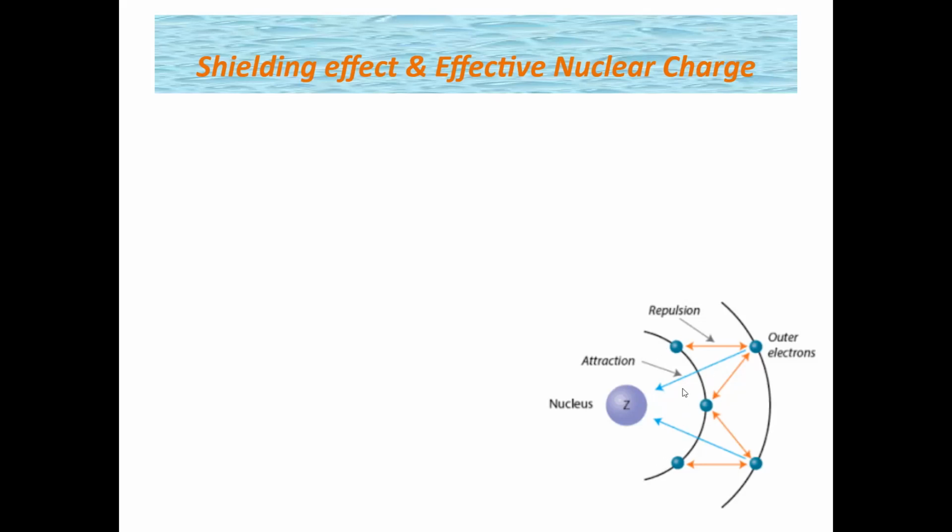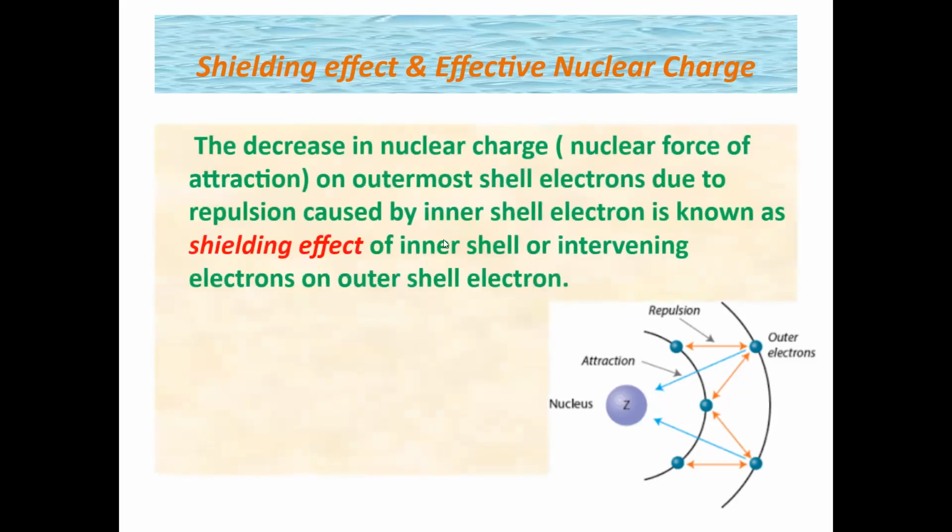Understand? Yeah. So let us come to the definition. The decrease in the nuclear charge on the outermost shell electron due to repulsion caused by inner shell electrons. So what repulsions are there? Electron repulsions between inner shell electrons and outermost shell electrons.